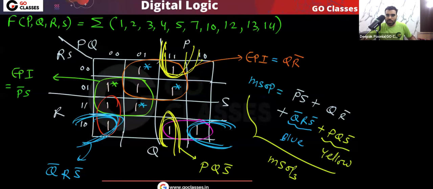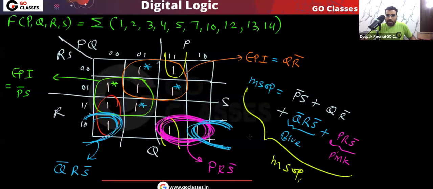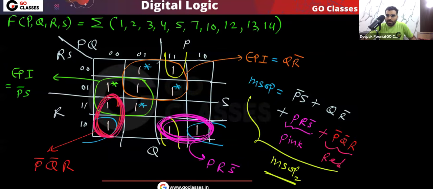I hope you understood. Now you can see what option is correct, what option is not correct. All the 3 minimal SOP have P bar S, Q R bar. Remember, these are present in all the 3 minimal SOP. Now let's see. Do I have this minimal SOP P bar, Q bar R? I don't have here P bar, Q bar R alone.